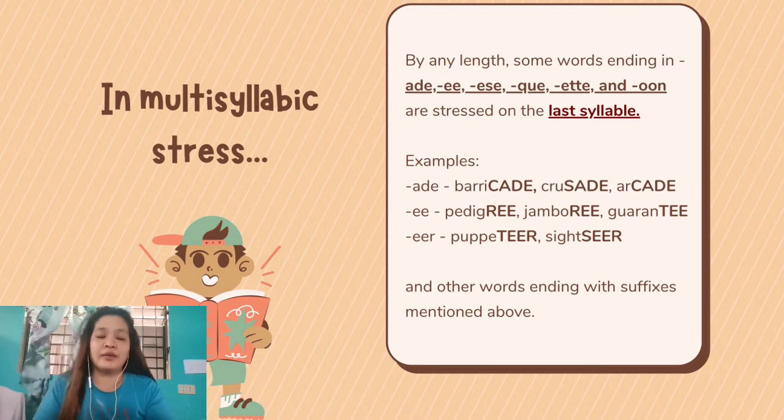On et, we have examples of tablet, bralette, cassette. And in ique, we have click, basic, and unique. The stress is on the syllable that I said.